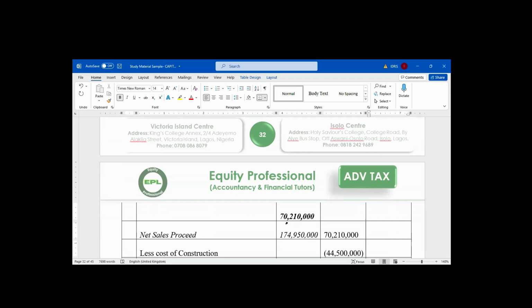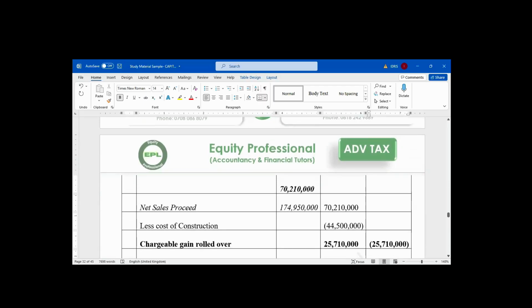The lower is 70,210,000. From it you less the cost of acquisition of the old asset, and the balance gives you 25,710,000.